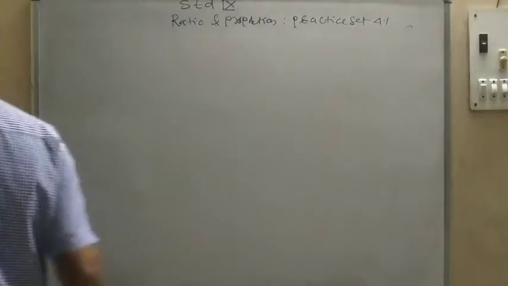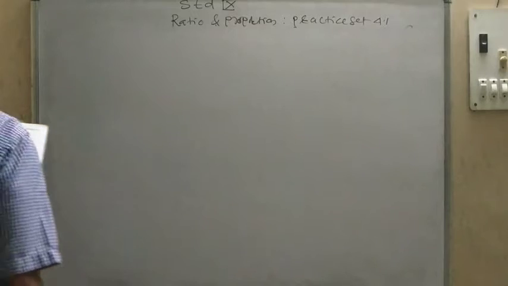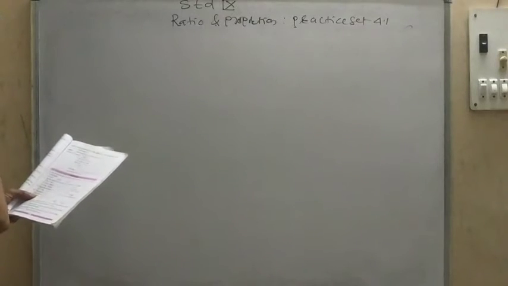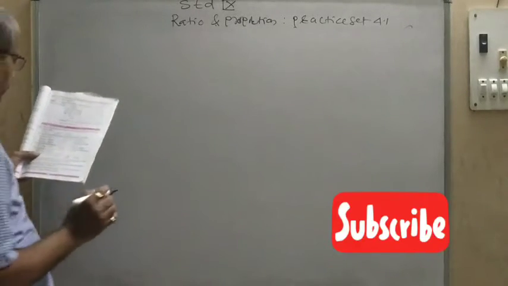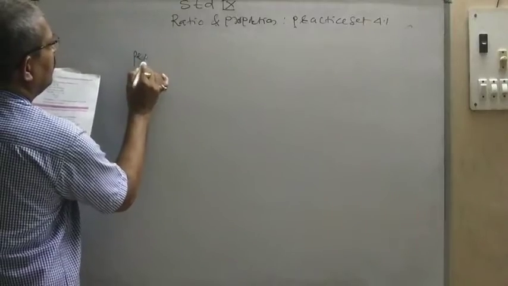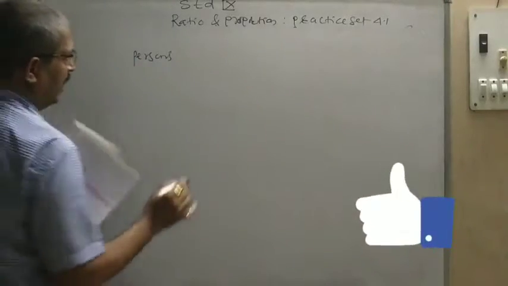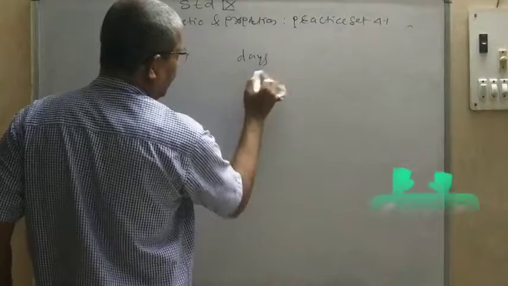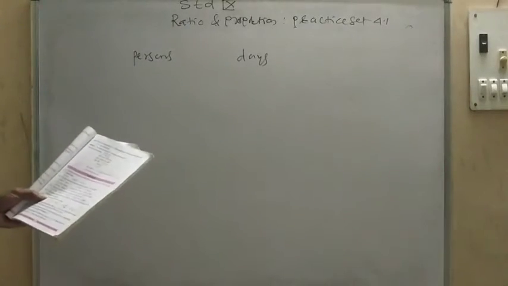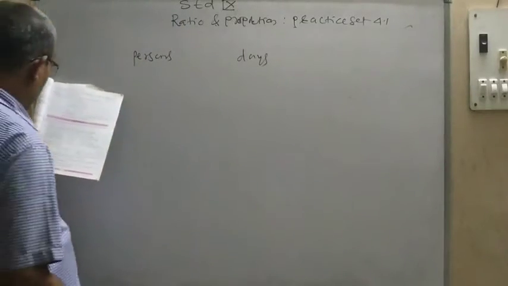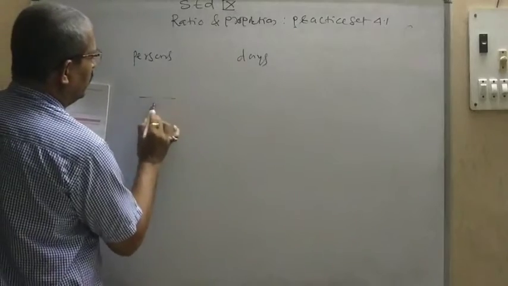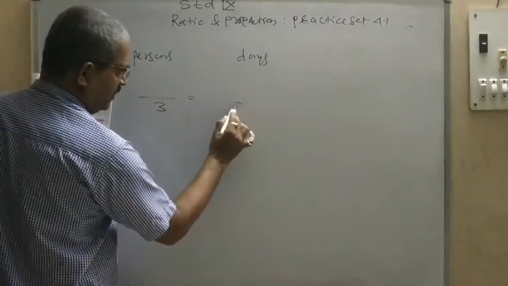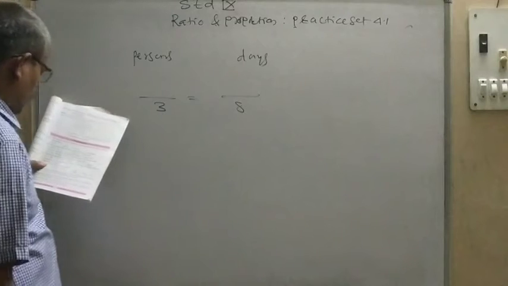In question number 4, 3 persons can build a small house in 8 days. Here persons and days are given. 3 persons take 8 days to build a house.